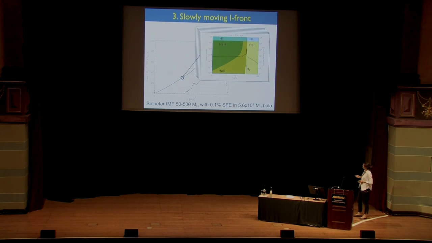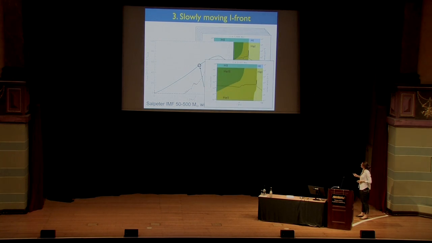And then something happens: my incident spectrum changes, since it's composed of many stars and some start to die, so my spectrum gets softer. And now here you can see that I already lost my tail of molecular hydrogen, and now here this peak is starting to get smaller. So here's still a little bit of molecular hydrogen, here's a tiny bit of molecular hydrogen.